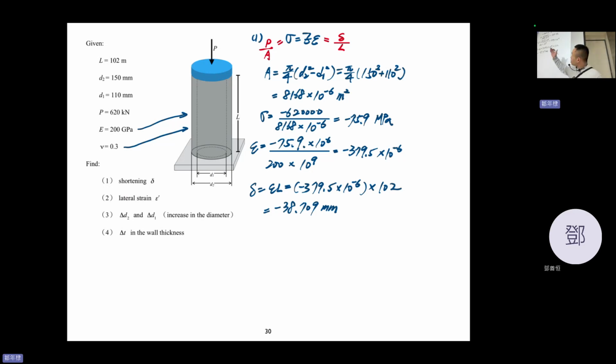So by using Hooke's law and combining the knowledge we learned in the previous week, we can obtain this minus 38.709 millimeter.